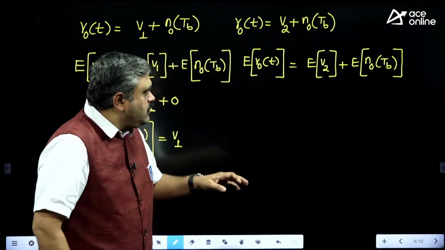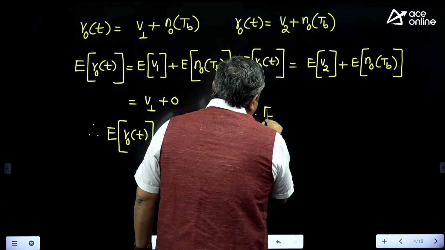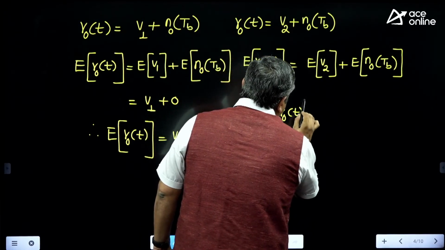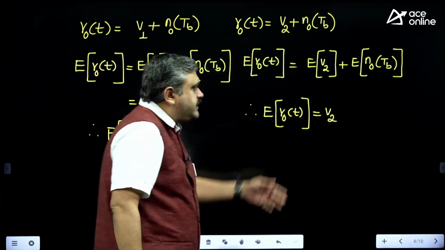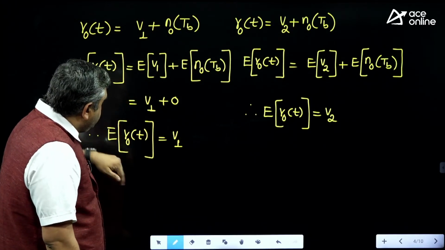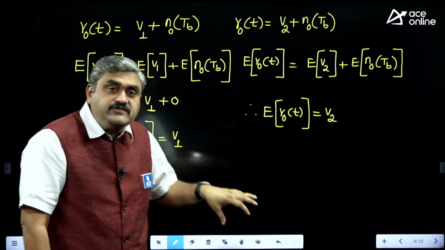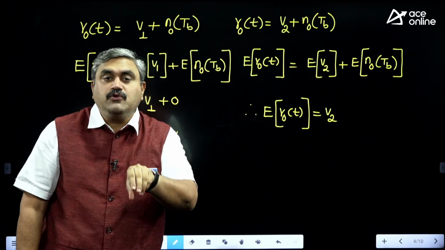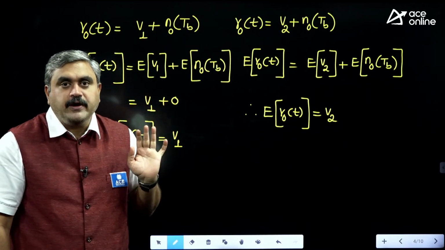The mean of a constant is the constant, so the expectation of R0 of t will become V2, which is a constant. The second component automatically becomes 0. These are the mean values of your processed signal coming at the input of your threshold detector, or your decision making device.